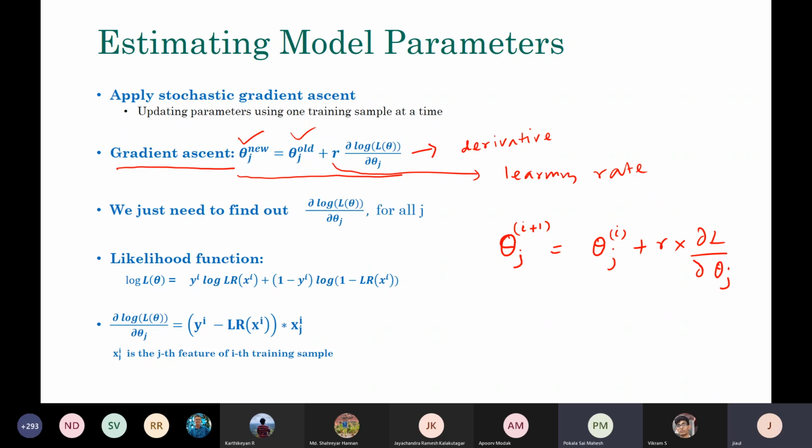Okay, so you do this for all the parameters in this model. We are going to look into these things in great detail later on, a couple of slides from now. Basically you compute the partial derivatives of the log likelihood function with respect to the parameters, and then update the values and so on.